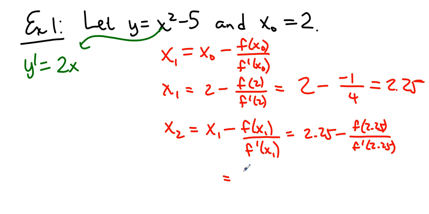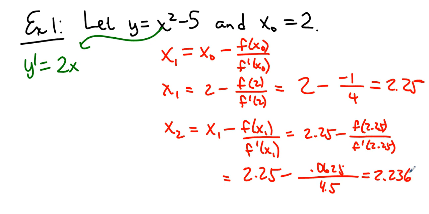So that's 2.25 minus f of 2.25, that's, I think, 0.0625 over f prime of 2.25, that's 4.5, and you get some number, and it's about 2.236-ish.